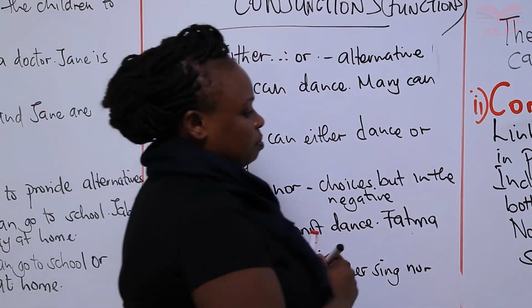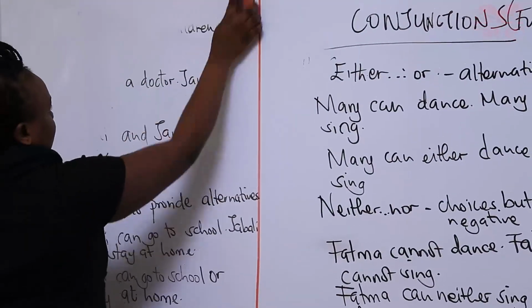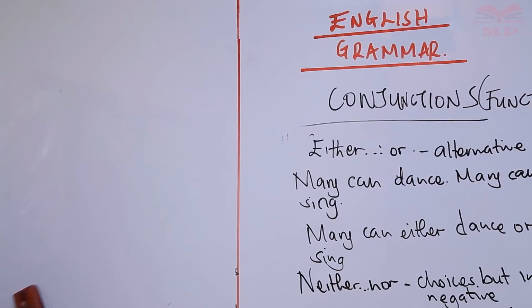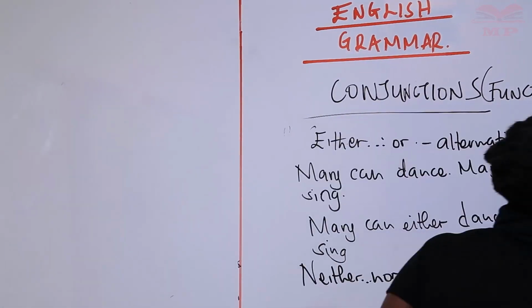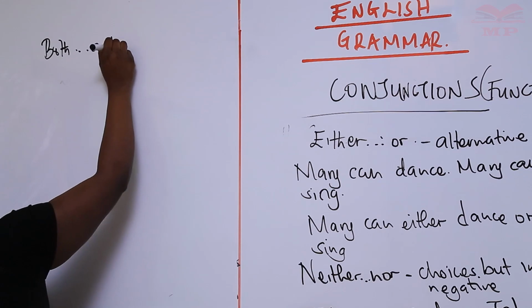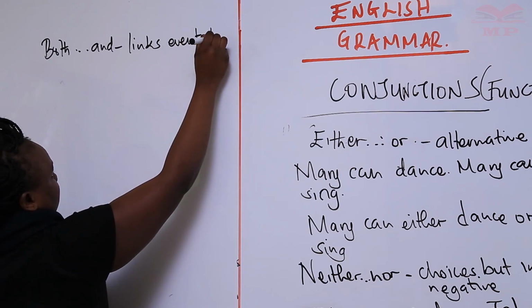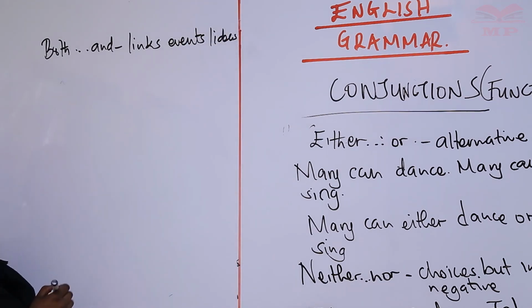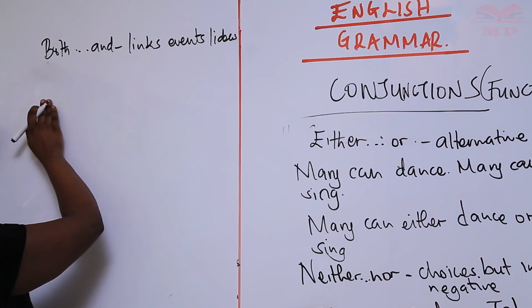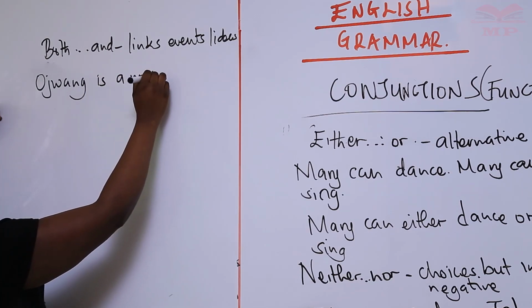All right. Then we have both and. So both and links events or ideas. Okay. Let me say Ojuang is a mason.